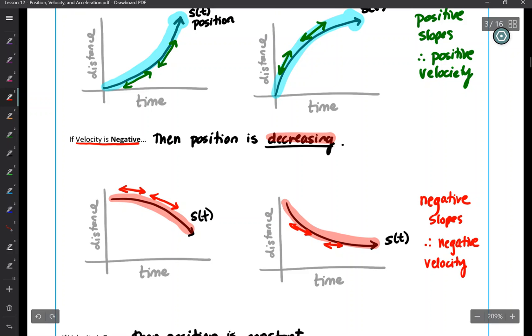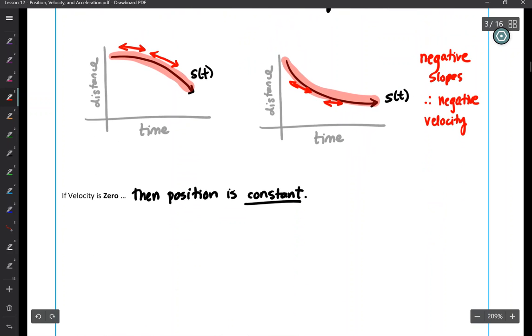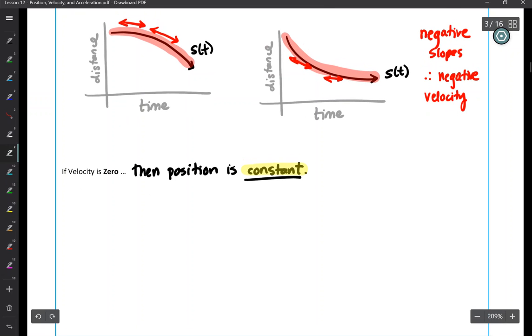Okay, and lastly, if velocity is 0, then your position is going to be constant. Why should that be the case? Let's investigate. Time and your distance.